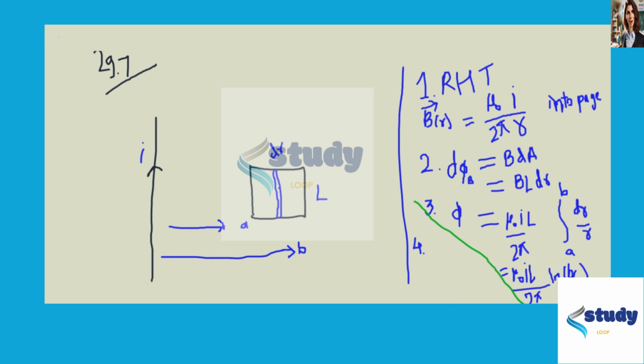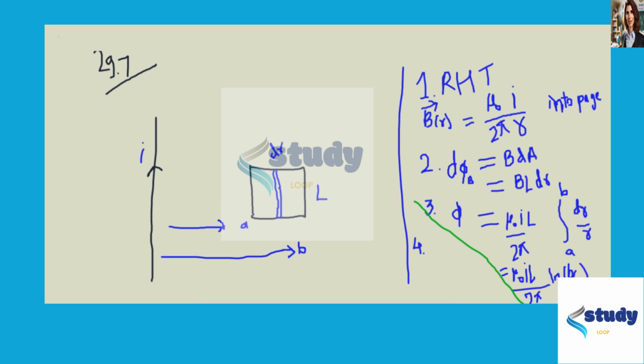If this current was decreasing, then everything would be opposite. The change in flux would be, even if the flux was going inside, the change in flux would be coming outside. This part is tricky. Again, in this case, di over dt is increasing. That's why the change in flux is in the same direction as the flux.